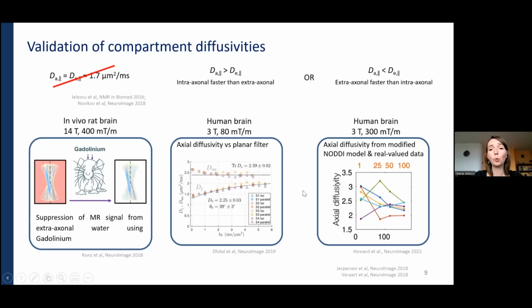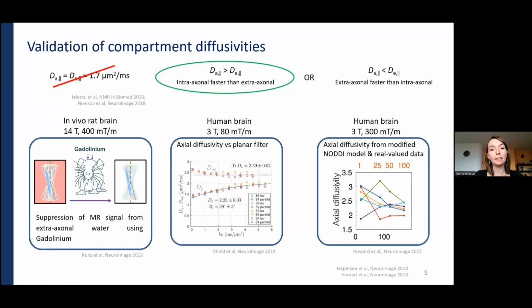And it was a nice moment in the community, also with this very recent work from the Oxford group, that all came to the same conclusion: that the intra-axonal water is likely faster than the extra-axonal, so everyone agreed. And that it should, in the healthy brain, be somewhere between 2 and 2.5 micrometers squared per millisecond.